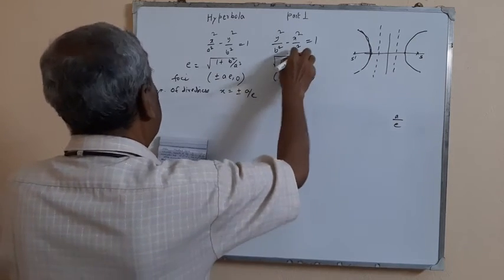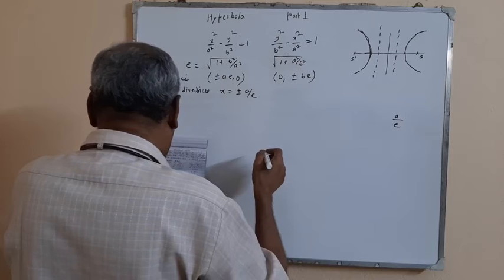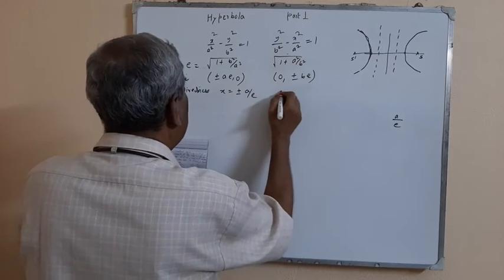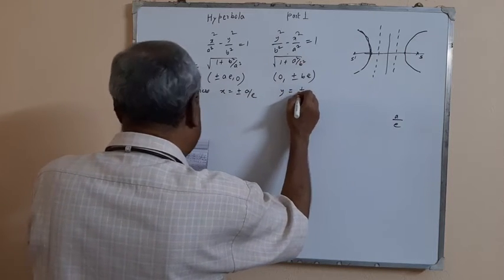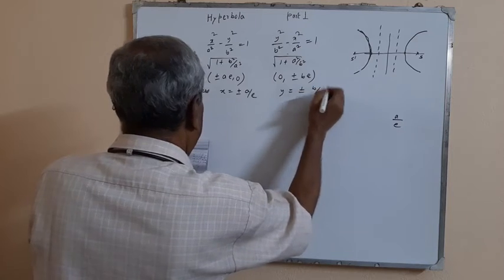Similarly, for the conjugate hyperbola, it is y is equal to plus minus b by e.